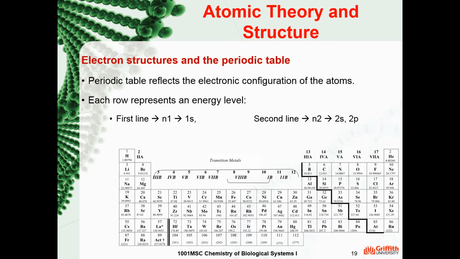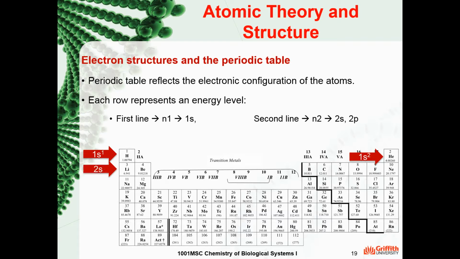We learned previously that N1 has one subshell only, the 1s orbital. In the first cell, we find hydrogen, which has one electron only. The second cell has helium, which has two electrons, and the electronic configuration is 1s2.